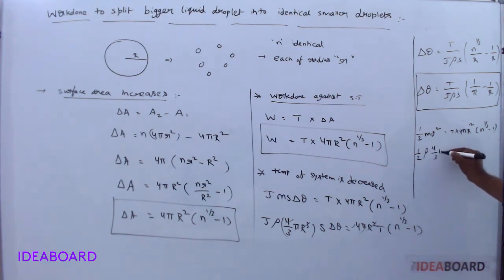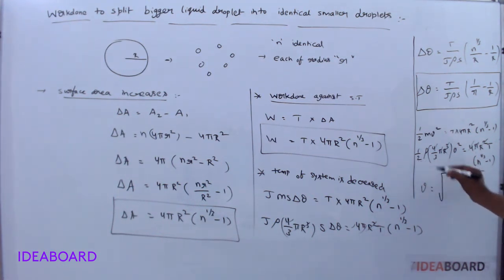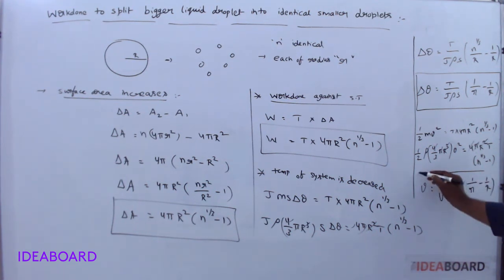Volume formula again 4/3 pi r cube into v square is equal to 4 pi r square T into n power 1 by 3 minus 1. 4 pi cancel, one r square cancel. Then you get v value as root over 6T by rho into 1 by small r minus 1 by capital R.